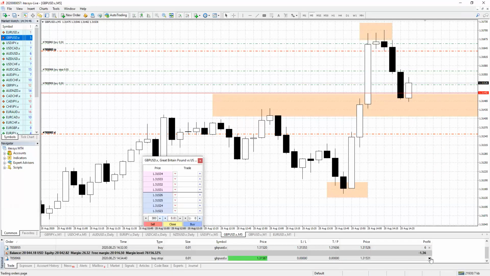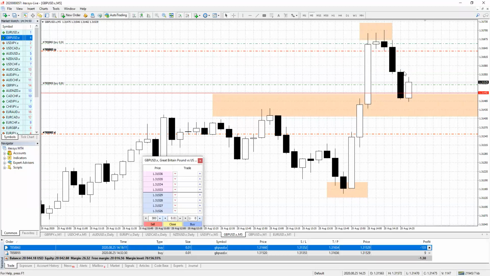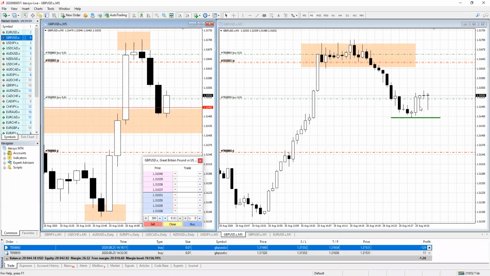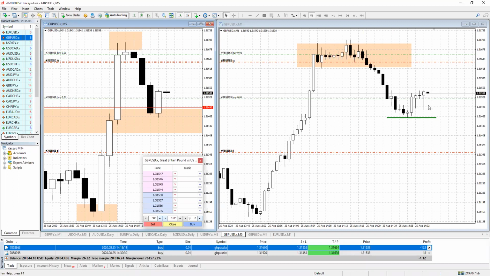Now, I'm not sure I want it right now because I'm in a better position, but that could be another entry point here on the top side. Now, these wicks on the bottom part, I like them forming because now buyers are coming in. We have the close now, and then now we can readapt our trade.